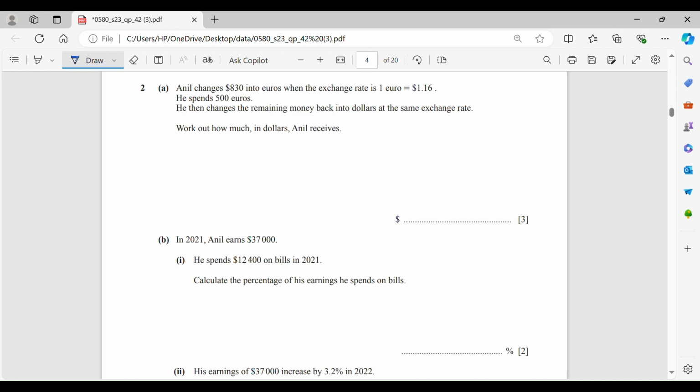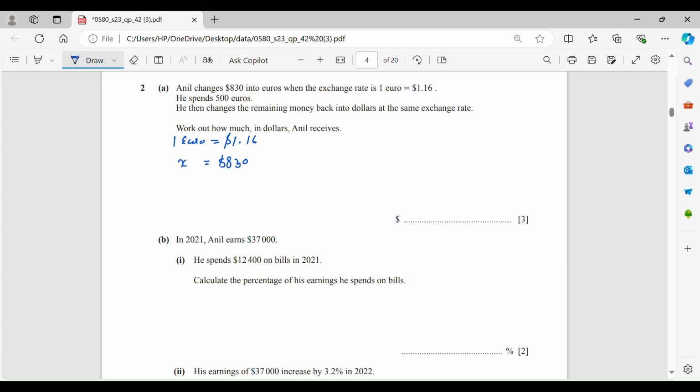So first, the exchange rate is given: 1 euro is equal to $1.16. So we need to exchange $830 into euro. Let the euro be x.